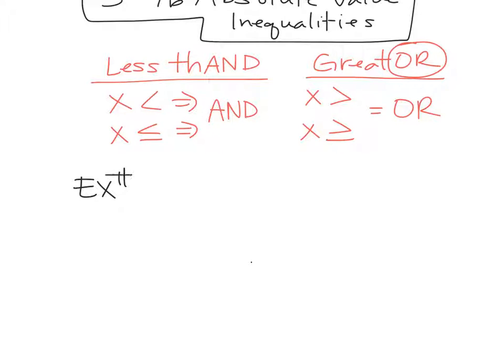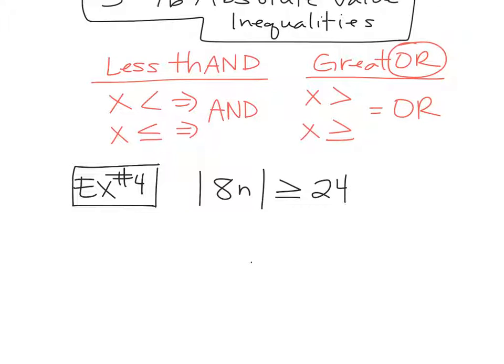So this is like example 4 in the book. If I give you the absolute value of 8n is greater than or equal to 24, you have to isolate. Have we isolated? It's isolated for us, right?